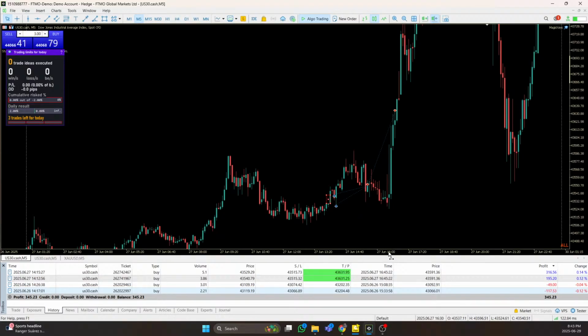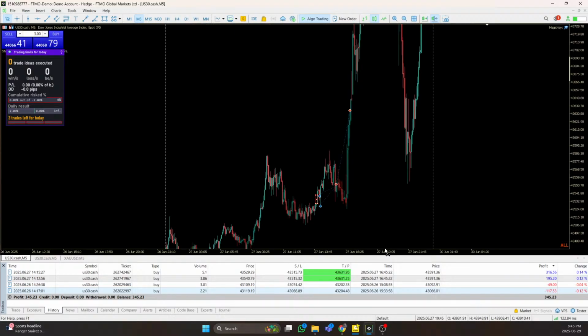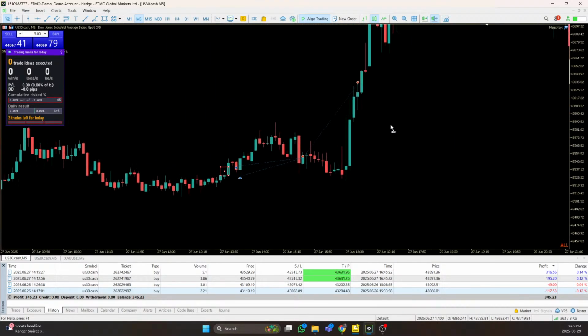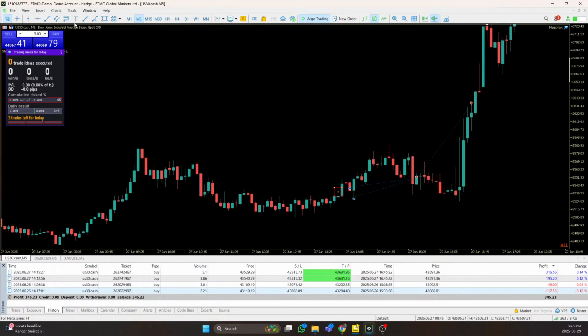The market was scary too, because as soon as I wanted to enter here, my stops were here and entry was right under this red candle. The first candle came down, the second candle came all the way down and activated my 2x, and it went all the way up again.